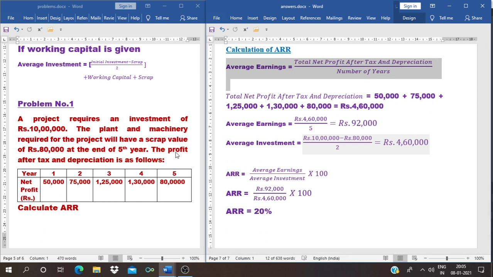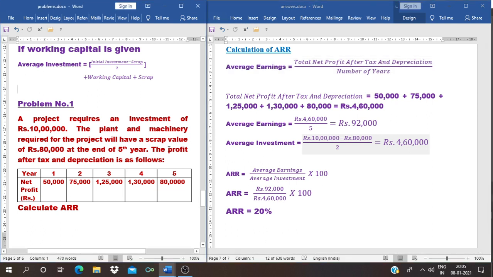Here the net profit is given after tax and depreciation only. So first we take all the net profits: 50,000 for the first year, second year 75,000, third year 1,25,000, fourth year 1,30,000 and fifth year 80,000.